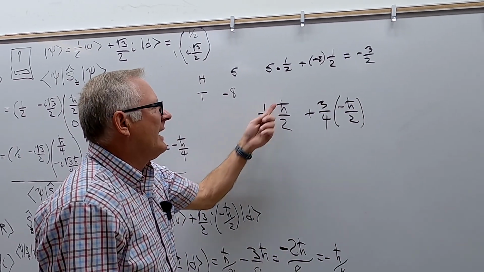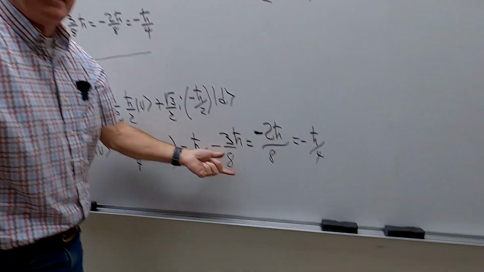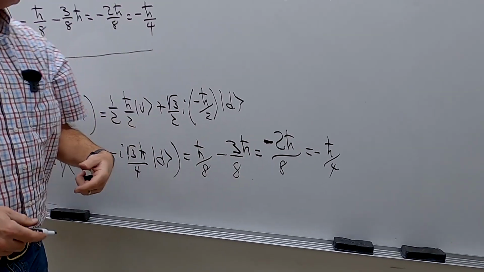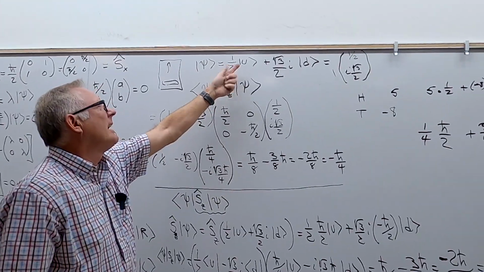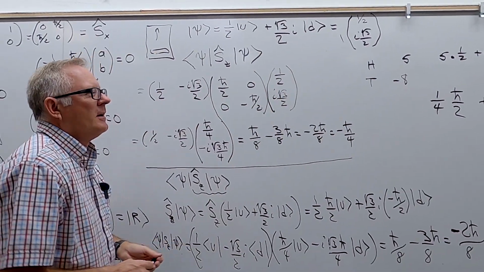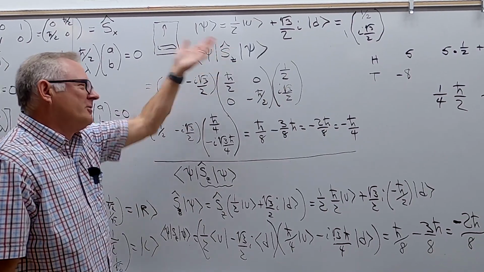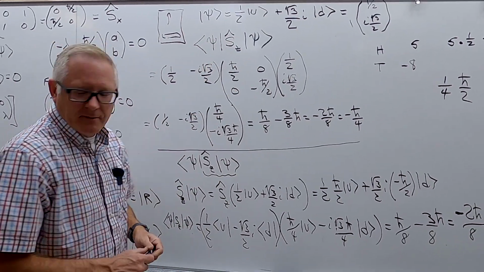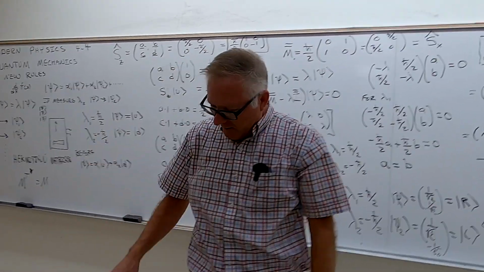What does that give me? h bar over 8 minus 3 h bar over 8, which is exactly what I have down below. So this is a much easier way. It's just the probability of this one times the value you get from that, plus the probability of this one times the value you get from that. So, you might start out doing it the long way, but pretty soon you'll learn to just do it a real quick way right there. Okay, so that is another one right there.